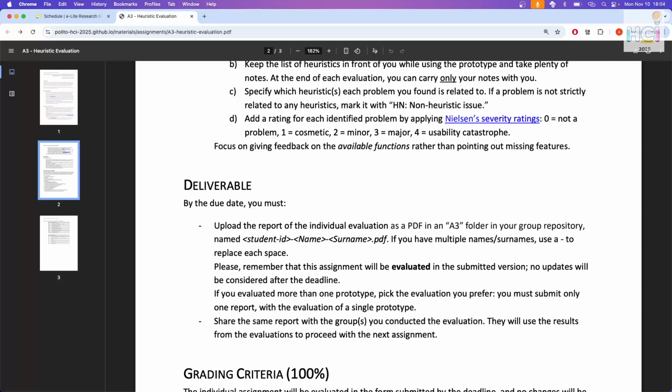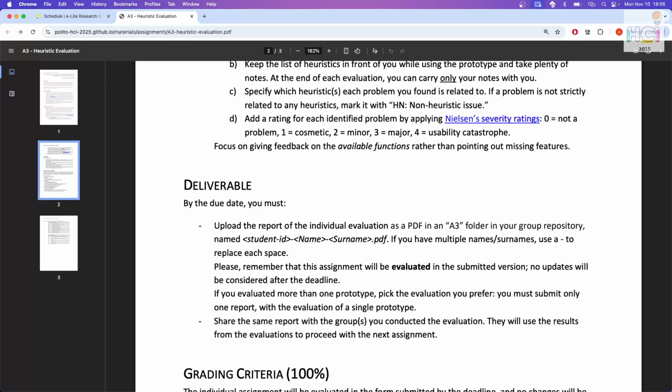We find similar reports with the same violations, maybe with some words changed. This is a problem, okay? So perform it individually. And also, we are very skilled in finding ChatGPT-like evaluations. So let's do it on your own, okay? Because otherwise, I'm sorry, but you won't get the full set of points.